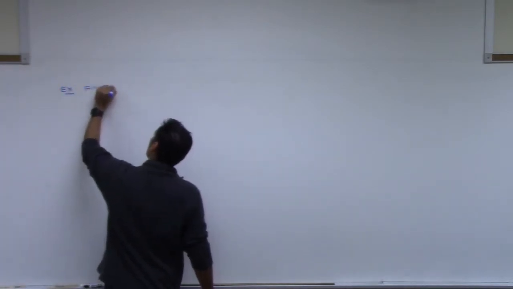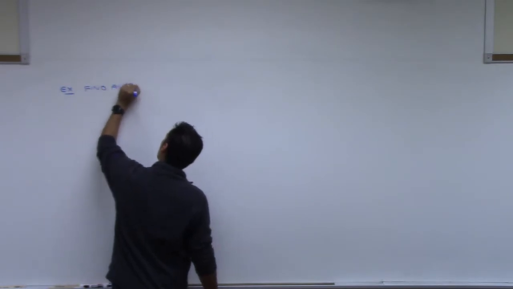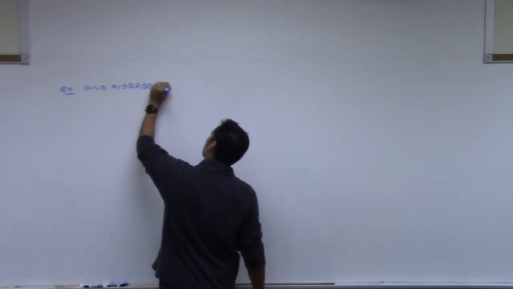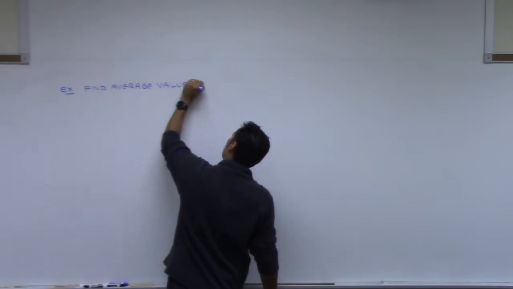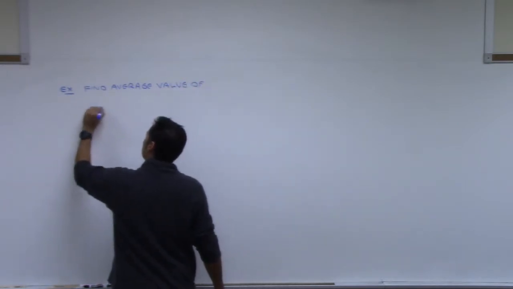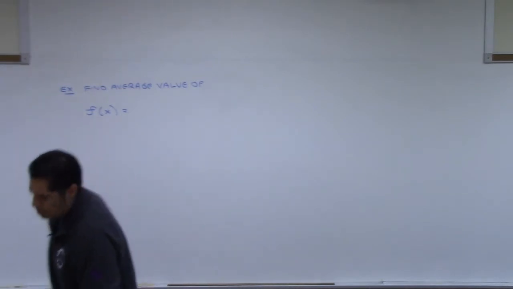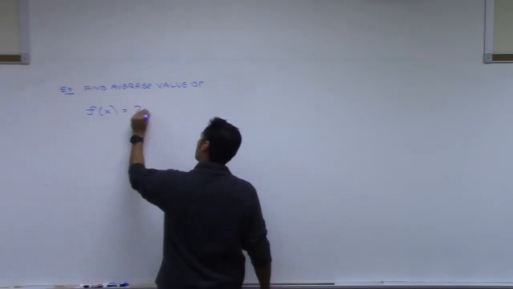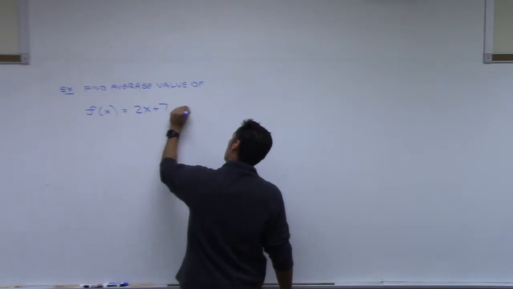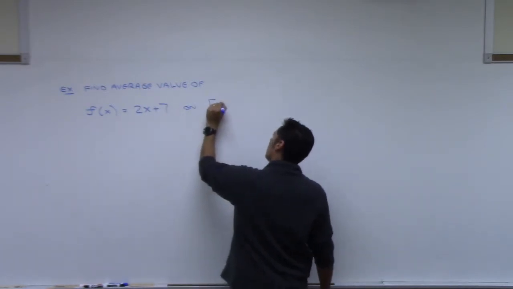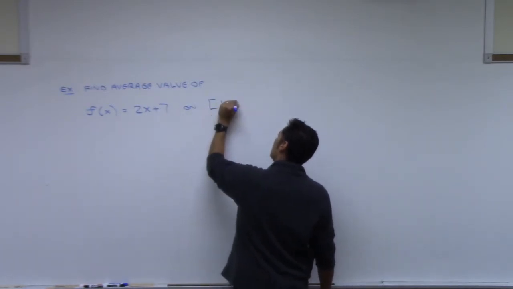Find the average value of f of x equals 2x plus 7 on the interval 1, 5.